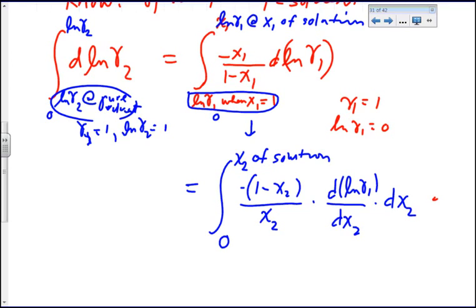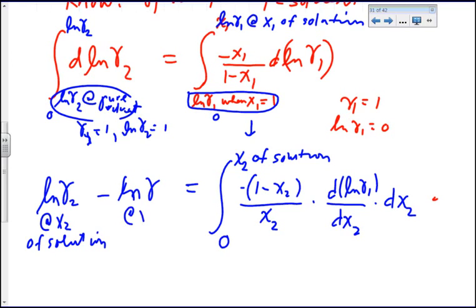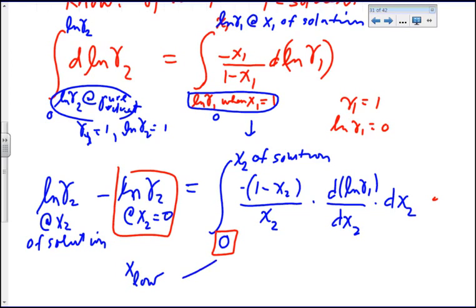And that's a much easier way to do it. This would be ln gamma at x2 of the solution, so it's gamma 2, minus ln gamma at x2 equals 0. Now, if you actually know the value of ln gamma 2 for some dilute solution, let's say at x low, a low concentration, then you can put that here.